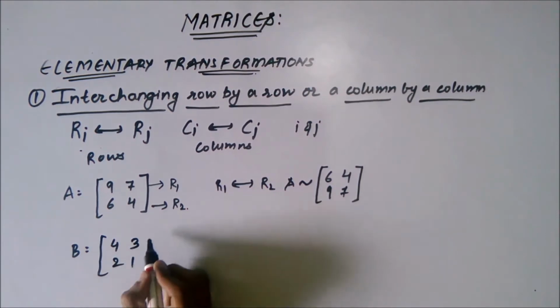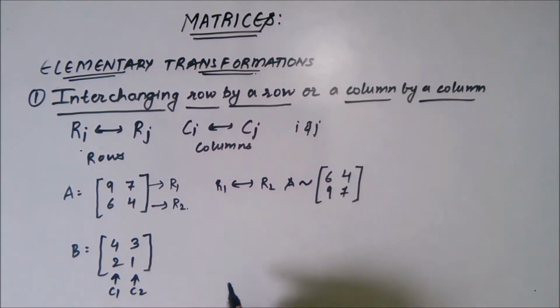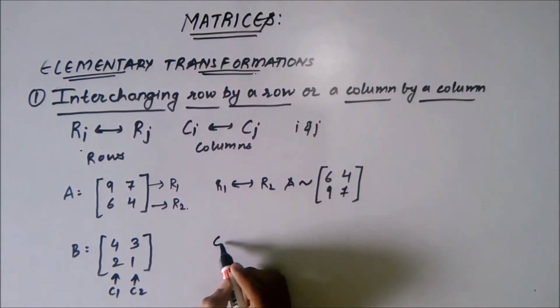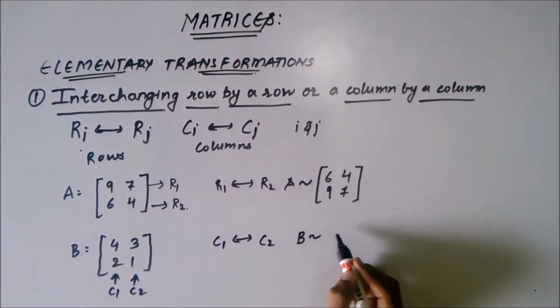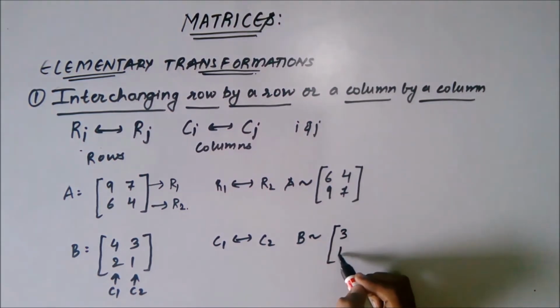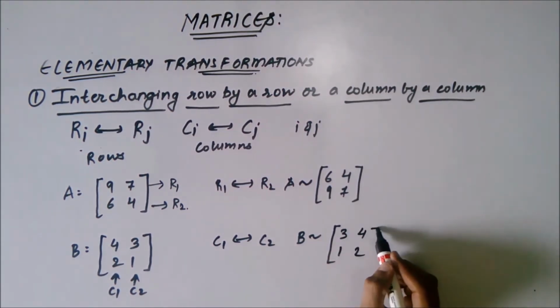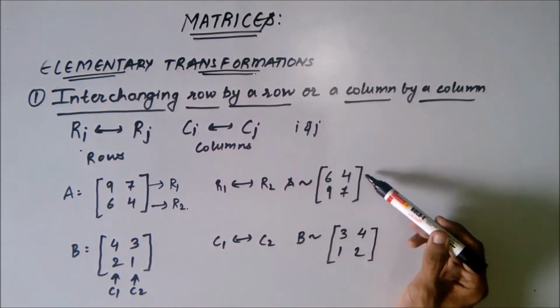4, 3, 2, 1. Here we need to interchange columns. So this interchanging will be shown by, and equivalent matrix will be written as 3, 1, 4, 2. Here the row 1 is exchanged by row 2 and vice versa.